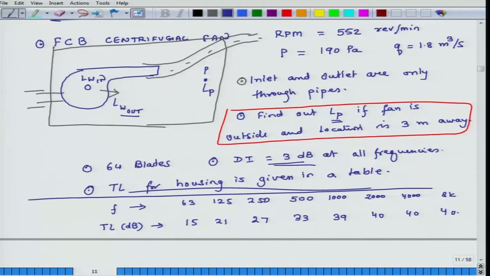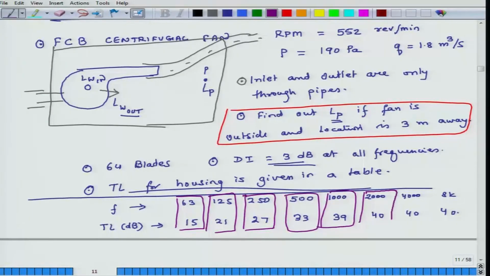So, here is the overall approach for different frequency bands. Please remember all these computations will be for different frequency bands. We will compute for every single frequency band listed here LW in, then we will find LW out, then from that LW out we will find LP.